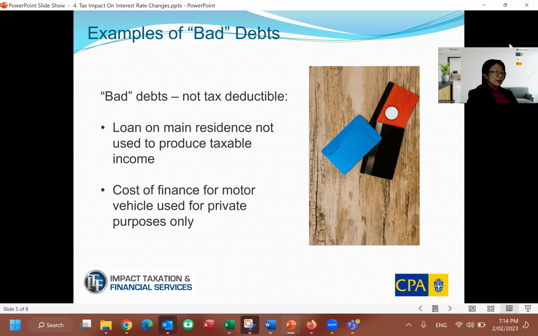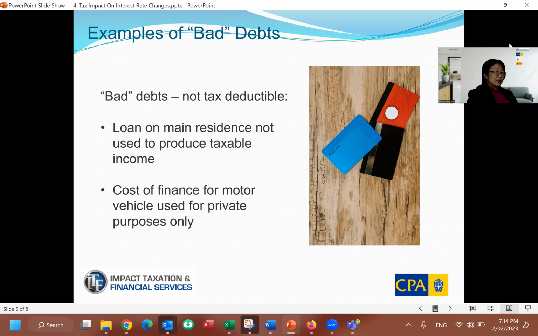For example, the after-tax impact of a $1,000 interest increase will be $655 for an individual with taxable income from 45K to 120K. This bracket is for people whose income tax rate is 32.5% plus 2% Medicare levy, so it's 34.5%.